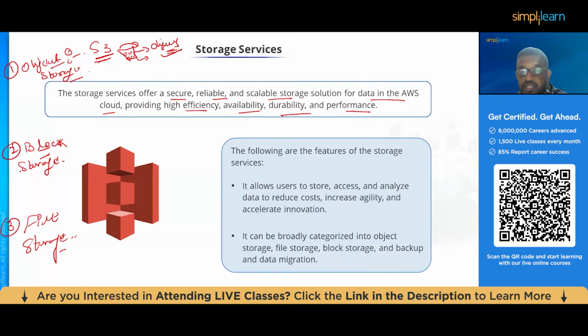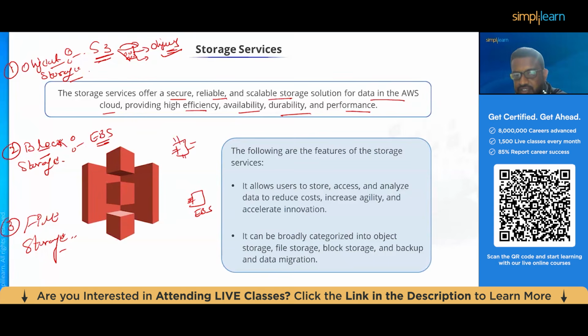Then block storage. In block storage, we have a popular service called EBS, Elastic Block Storage. It's a persistent block storage. This is my EBS volume, and this is my EC2 machine.